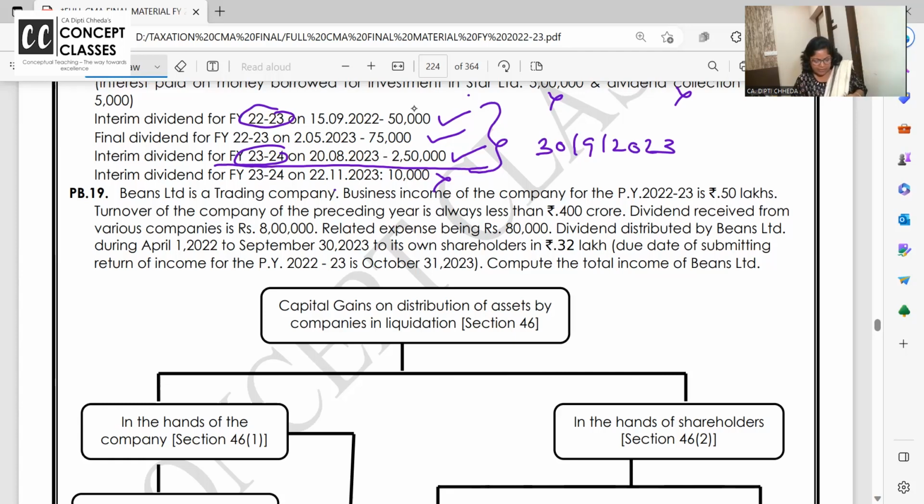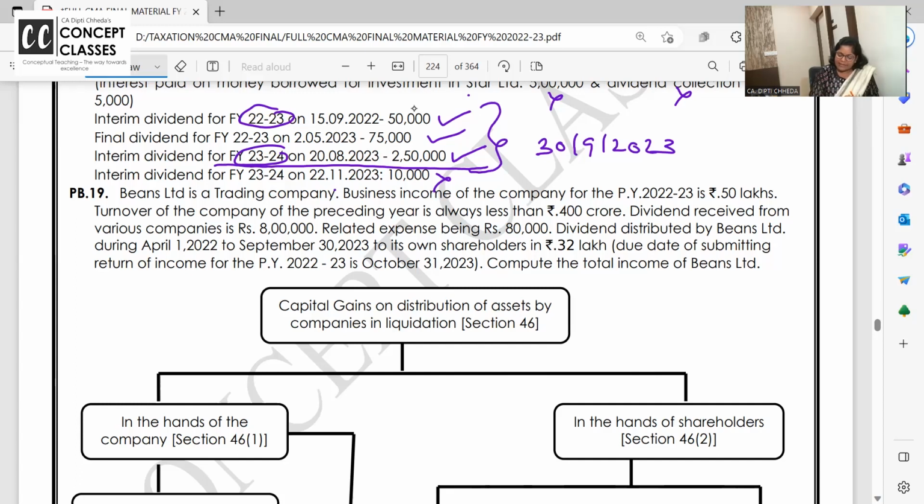Dividend distributed between 20 to 23 is 32 lakhs. You have received 8 lakhs, but maybe through some other sources, whatever, you have given dividend of 32 lakhs. So the least of it is deductible. Compute the income. Your time starts now. Do this in your notebook and tell me. First tell me the total income, and they have not asked, but we should calculate the tax also.